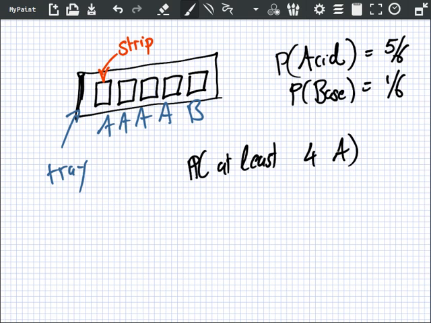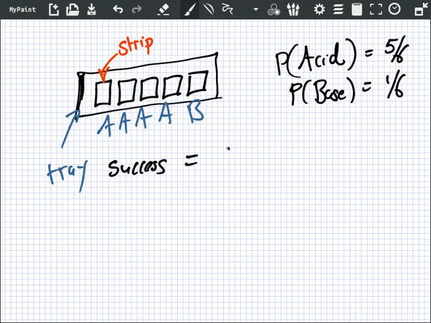In fact, I kept the numbers the same so you could use the same answer that you got, because I think this is the same numbers as you roll a dice 6 times and you want to get 4 wins. But my question's not going to be quite that, although you'll need to use that. So we'll say a tray success is when you get 4 or more acids.